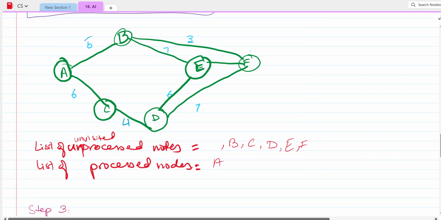Why do we need to keep track of this? Because for example, when you are at C or when you are at B, do you come back to A? No, because we have already visited it, so technically we don't need to go back. But when we say that we have to visit all the connected nodes, you need to skip the nodes that have been processed.